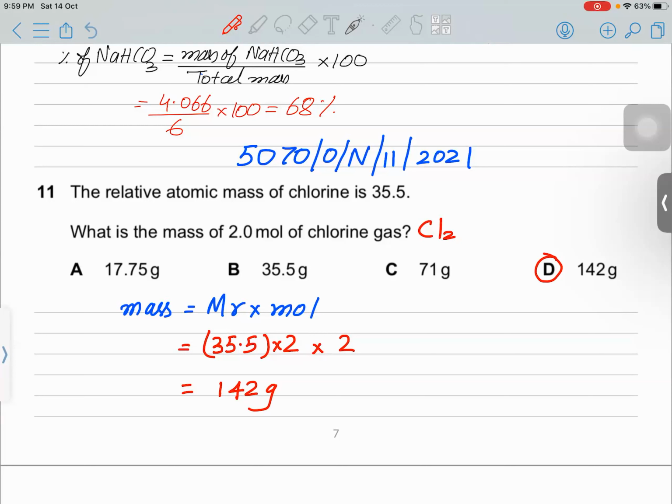Sir, this is the relative atomic mass. Is it the same thing as relative molecular mass? Yes, we need the molecular mass, because the atomic mass is given, and you know that chlorine gas is Cl2.